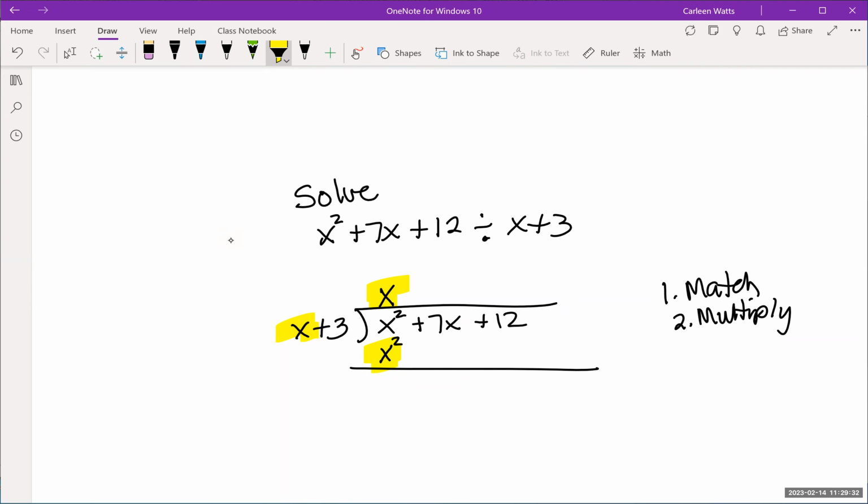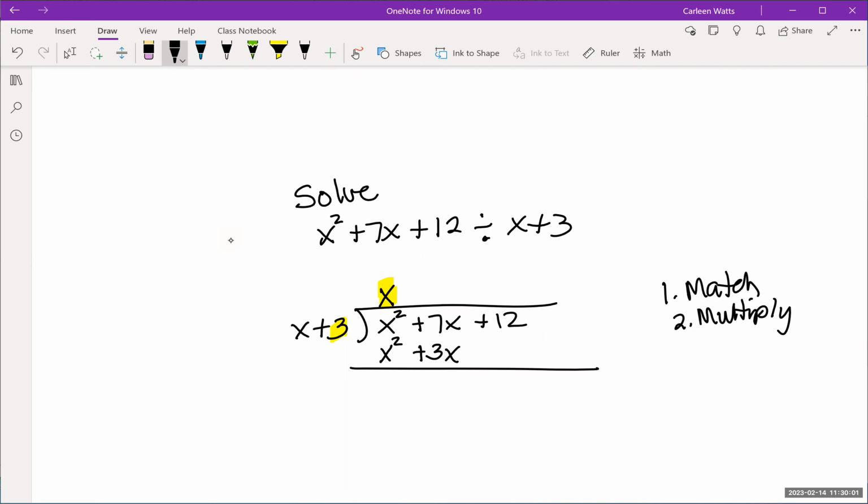I also have to take the x and multiply it by the what? By the 3. X times x is x squared. X times 3 is 3x.